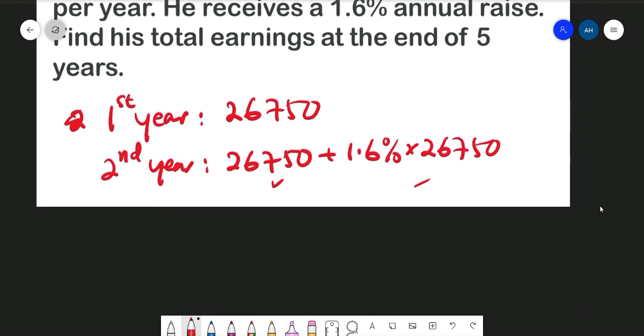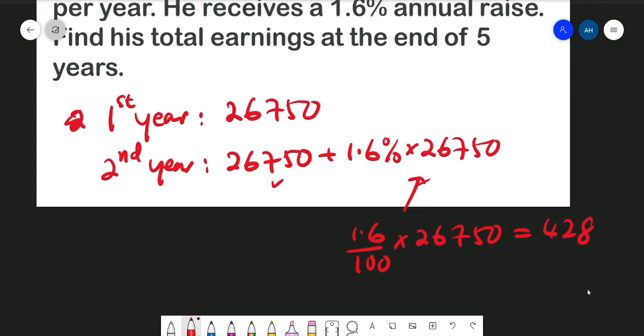Now let's do that. What is this amount? We have to multiply 1.6 over 100 by 26,750. That is equal to 428.